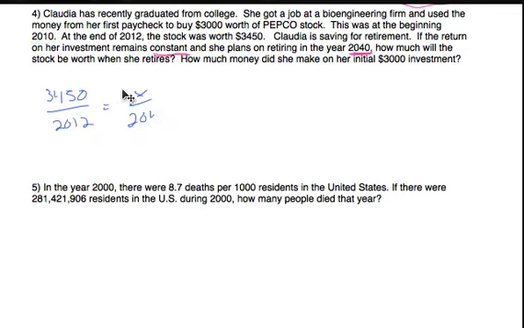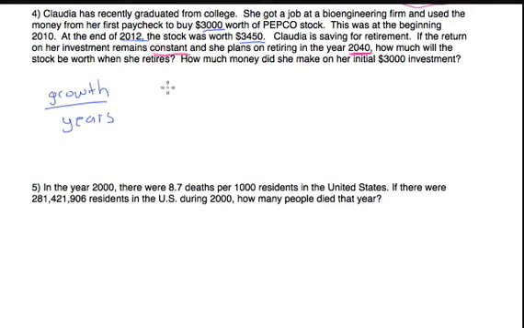So what you want to do is set up your proportion, right? Growth of the stock, or how about what's an easy way to say it? Let's say growth over years. How much does the stock grow over a certain amount of years? Well, we know over 2 years, we started at $3,000 at the beginning of 2010, and we had $3,450 at the end of 2012.